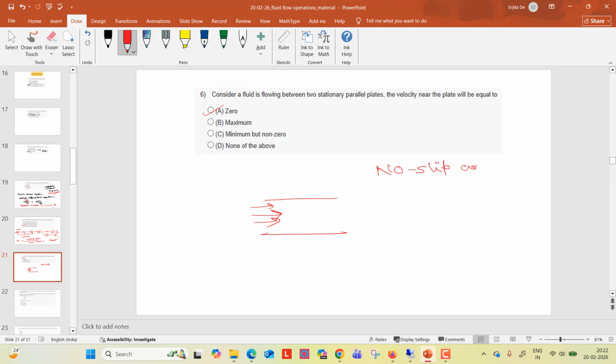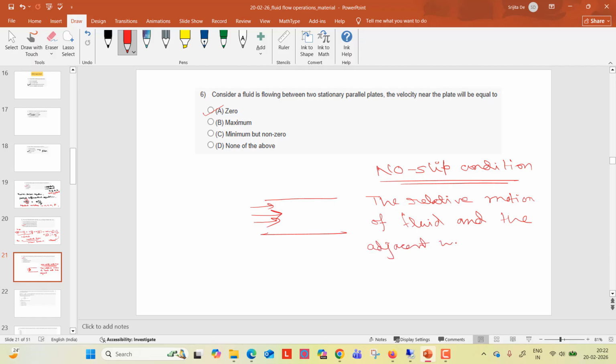In the no slip condition, what do we assume? We assume that the relative motion of the fluid and the adjacent wall is 0.